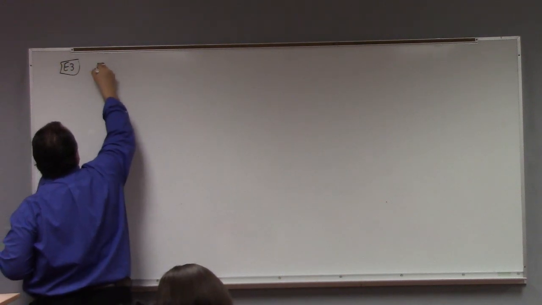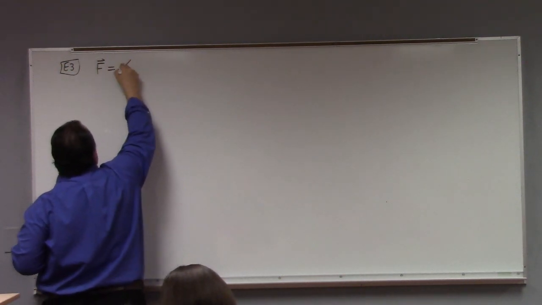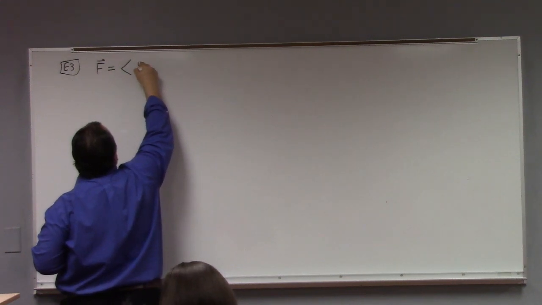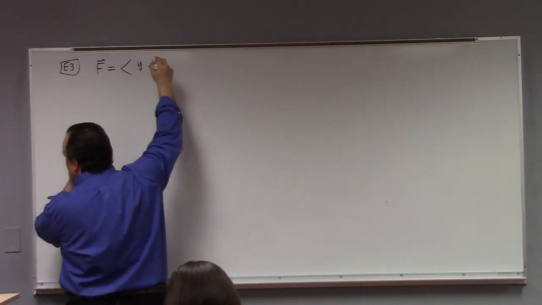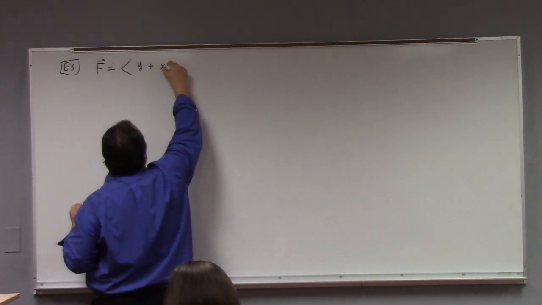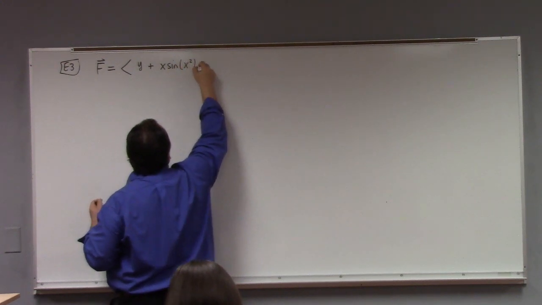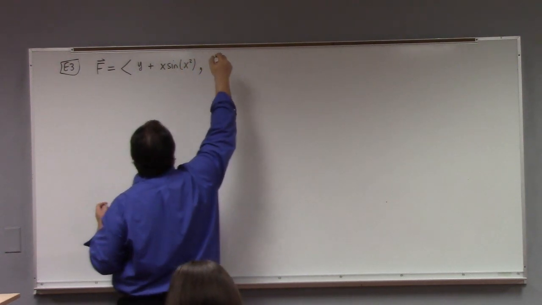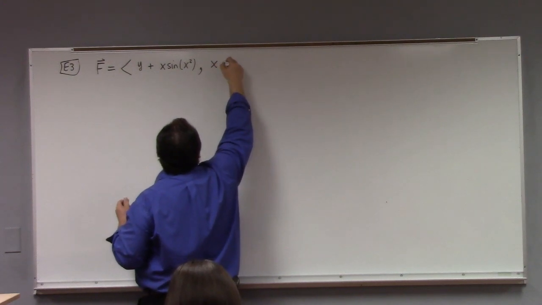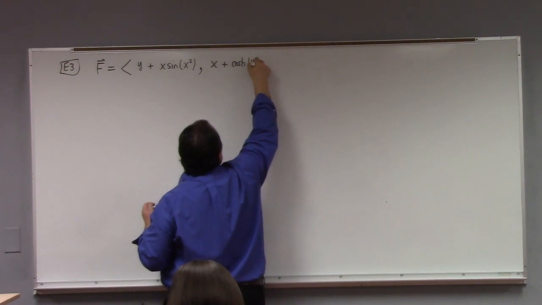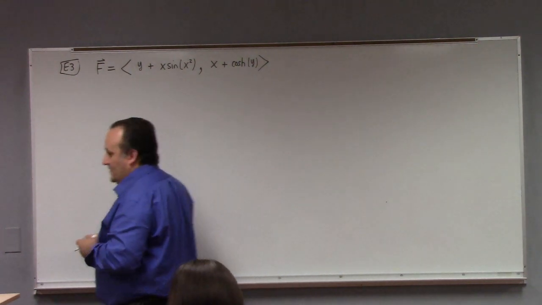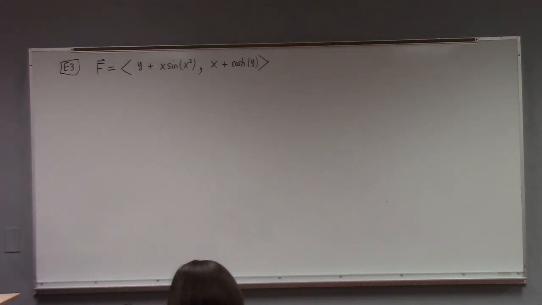Suppose we have a vector field F equal to, let us say, y plus x sine of x squared, and then x plus hyperbolic cosine of y. There we go. Hyperbolic cosine has entered the scene. All right. Is this a conservative vector field on the plane?